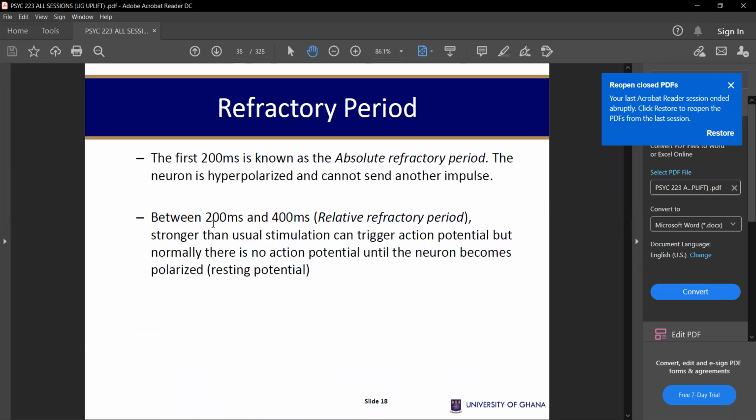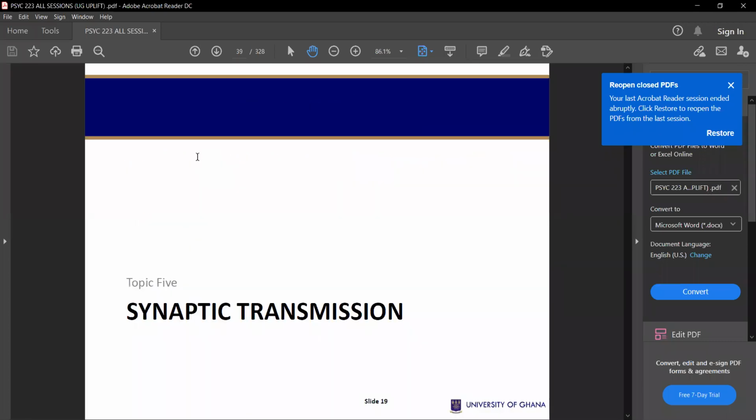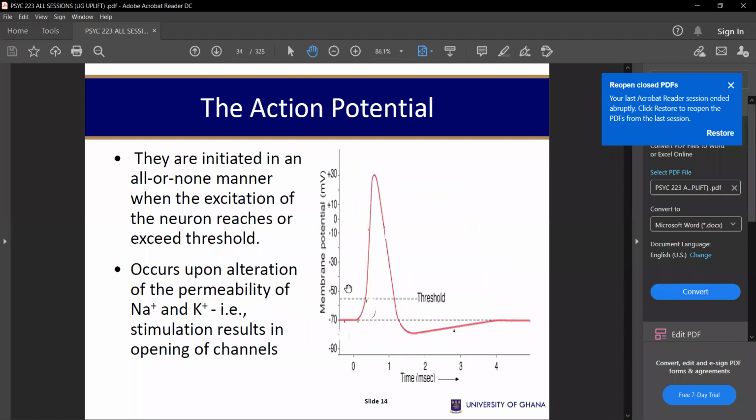Okay, with a refractory period, these are the things you're supposed to know. The refractory period lasts from 0 milliseconds to 400 milliseconds, so the first 400 milliseconds of any action. You remember I said, where is the drawing? This.